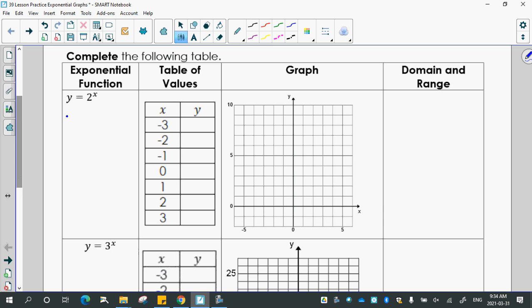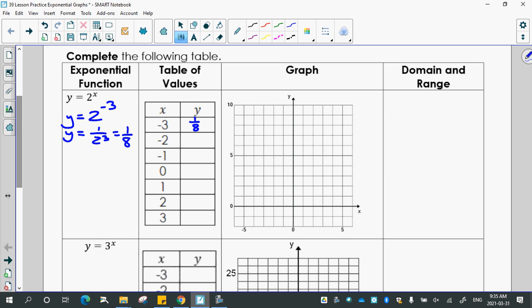It would be 2 to the -3, so I'm replacing x with -3. What's 2 to the -3? It's 1 over 2 to the +3, which is 1/8. So -3 and 1/8 is an ordered pair on our graph.